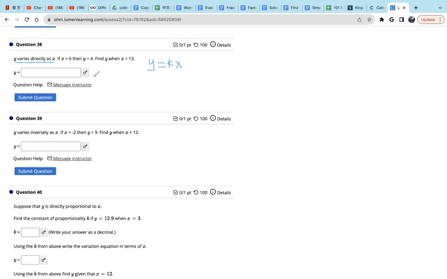If x is 6, then y is 4. So if I plug in x to be 6, then y will be 4. That means 4 equals k times 6, which also means k equals 4 divided by 6, and 4 divided by 6 can be simplified as 2 divided by 3.